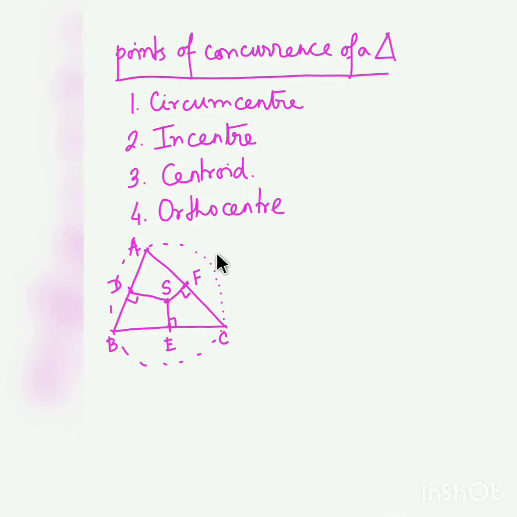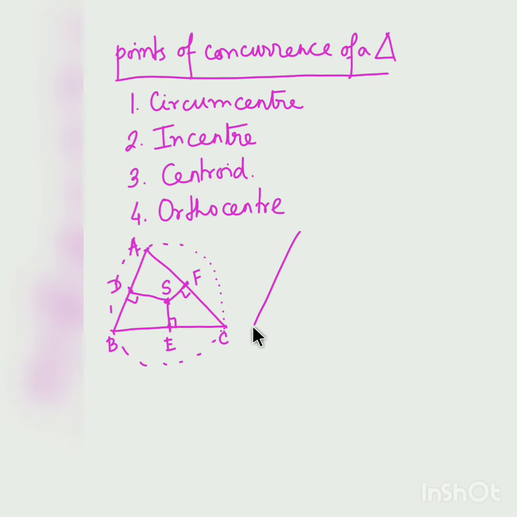You all can try it out at home. If you draw it perfectly, it will just pass through the three vertices. So we can say that the circumcentre is the point which is equidistant from the vertices, because it is equidistant from A, B, C.